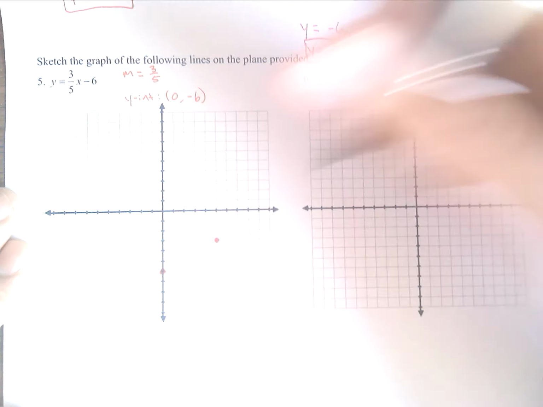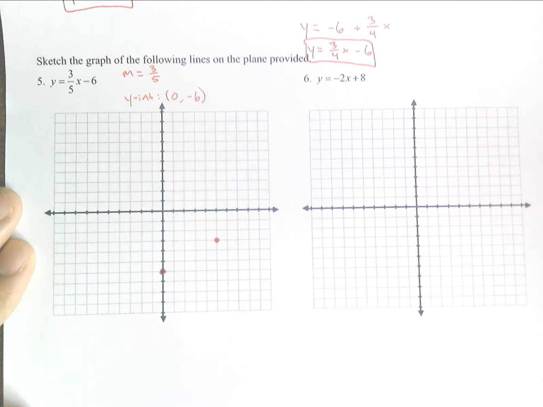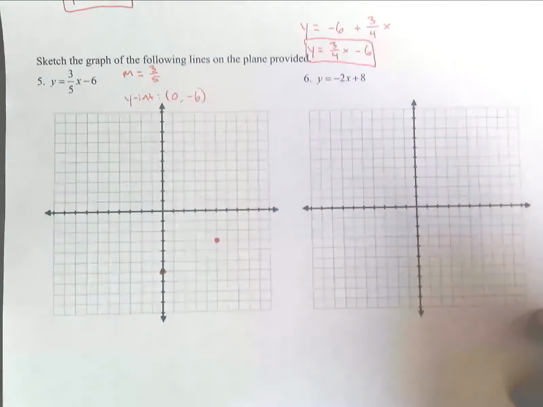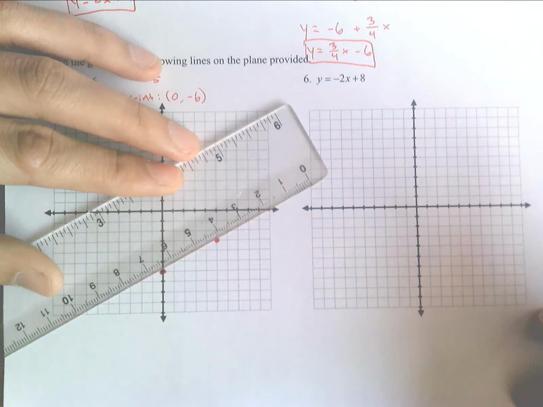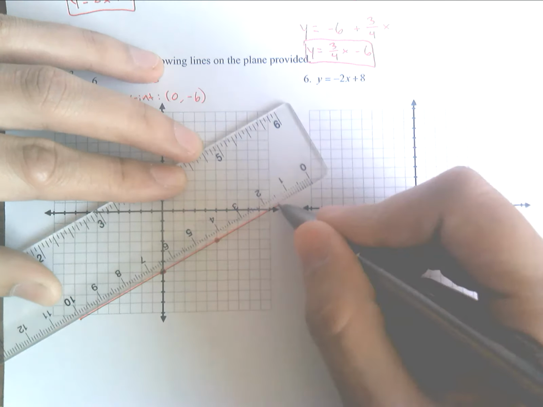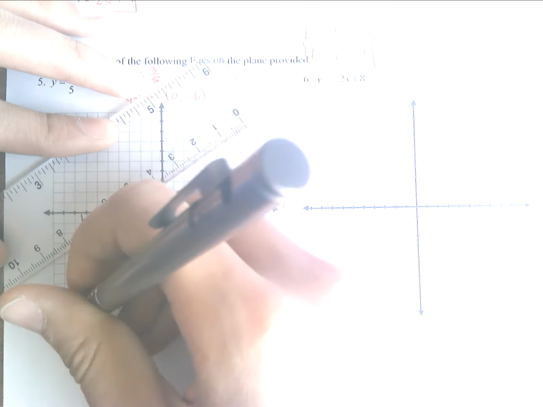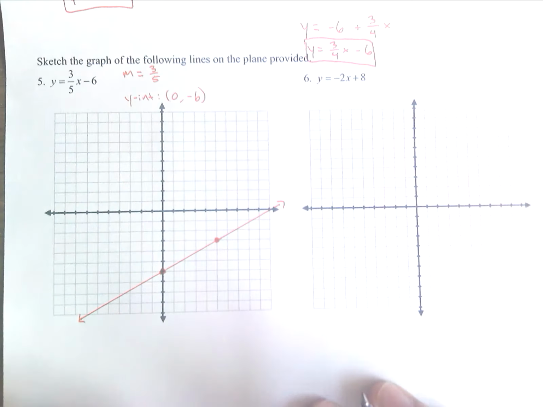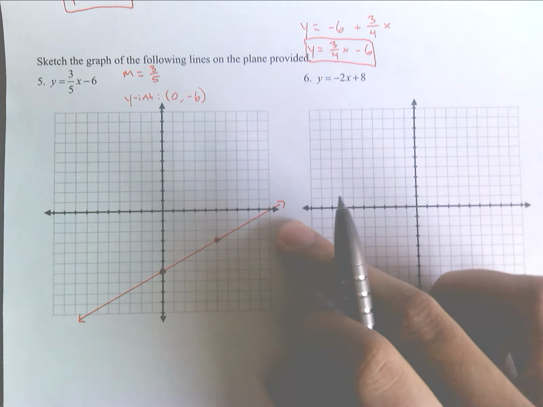So from our y-intercept, we go up 3, right 5, and that's how we find our second point. Go ahead and use your straight edge and connect the dots, and you got a line. Make sure you extend your line all the way across the grid and have arrowheads on both sides.